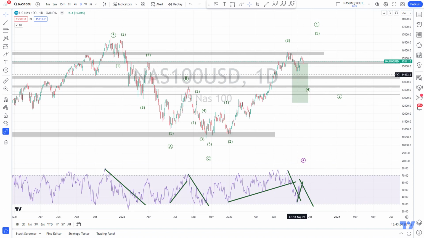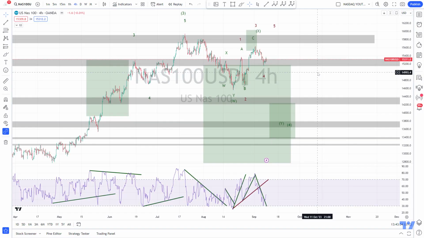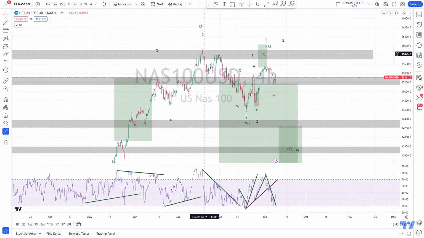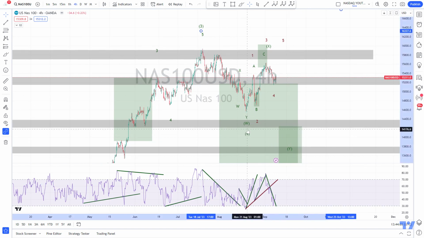It could be that our wave 4 low is in here, but the main expectation is that we will see one more low here to do kind of a double correction, 1, 2, 3, after we had 1, 2, 3 here. We can see this better on the 4-hour. This is what I mean. We already had a corrective move here, WXY. So it could be that the wave 4 is in here.